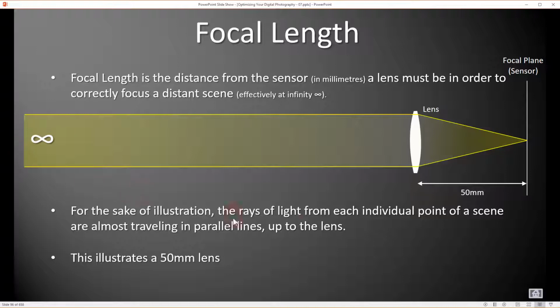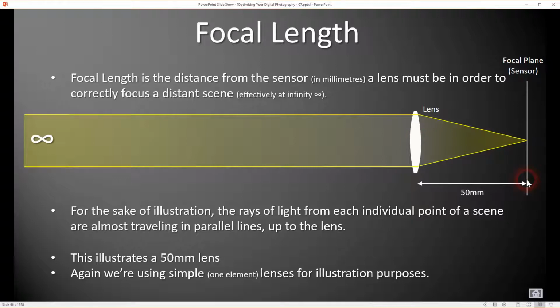So this illustration shows a 50mm lens, and we know that a 50mm lens is 50mm from the sensor when it focuses something at infinity on the sensor. So 50mm from the center of the lens to the sensor. And again, for these illustrations, we'll use a simple one element lens, because that makes more sense to illustrate with.